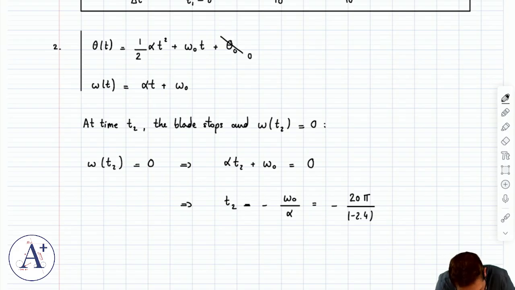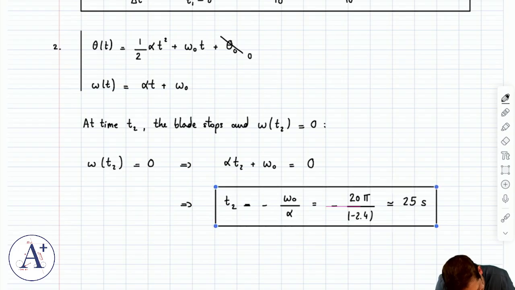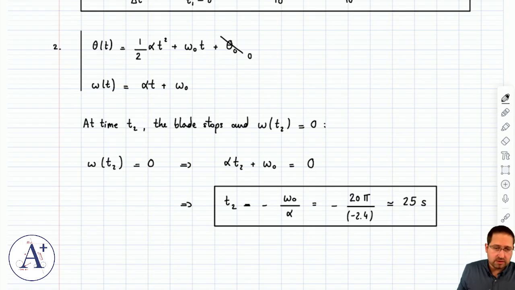If pi is allowed to be 3, that's 25 seconds. But don't forget that alpha is in and of itself negative, so that's going to cancel this minus. And that's how easy it is to find t2. It's just when the helicopter blade stops rotating.